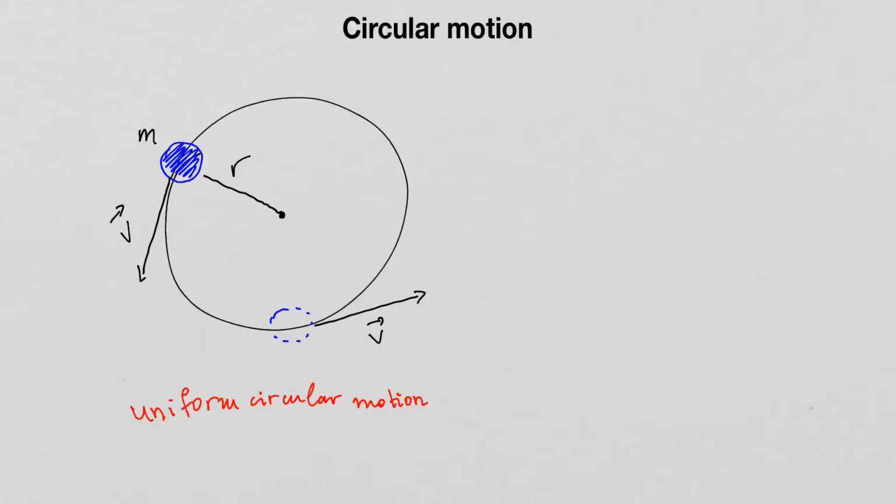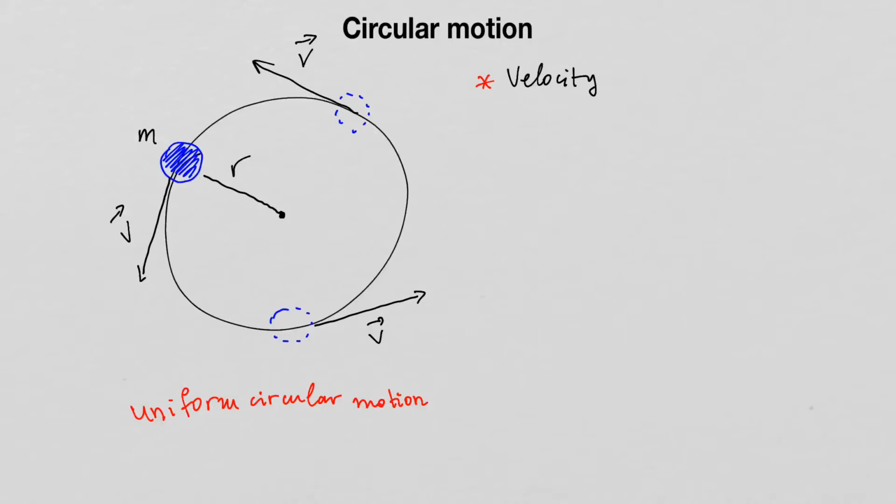Now let's list several important parameters that are related to uniform circular motion. The velocity of the moving mass is always tangent to the trajectory. So the velocity is tangent to the trajectory at any point during the motion of the object. So the velocity is tangent to the trajectory here, the velocity is tangent to the trajectory here. If the object was here, then the velocity would be tangent here as well.